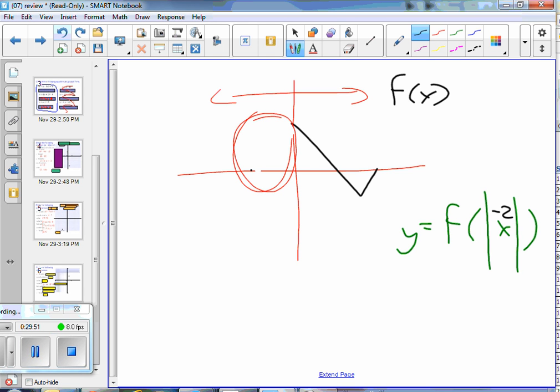So when I'm about to put in like a negative 3, it thinks I put in positive 3. So it goes over here, looks at what the answer is. That's why those answers need to be over here. Okay, when I put in like negative 4, it thinks I put in a 4. So it thinks that the answer should be down there. So you copy it over here. So bottom line is this right here needs to get reflected over there.